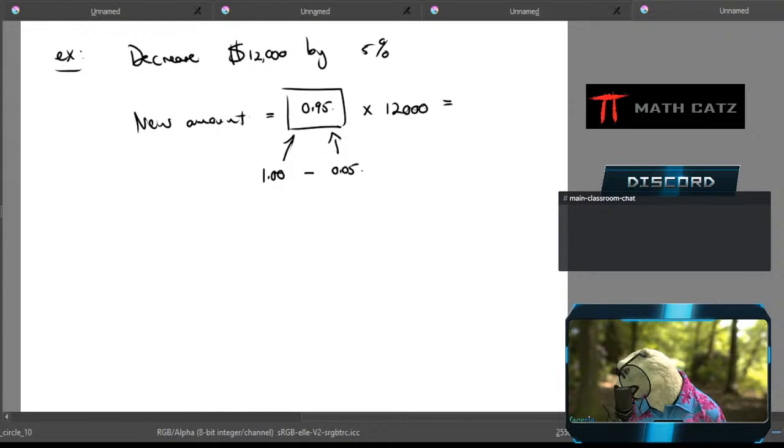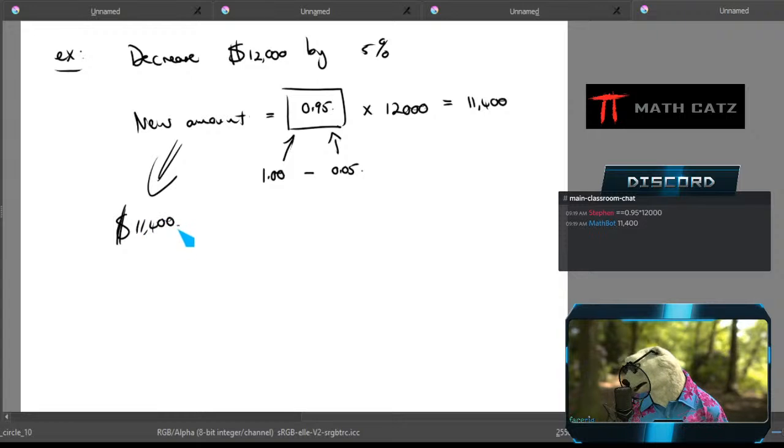I guess I should care, but it's an immediate consequence once my work is done. 0.95 times 12,000 is whatever it is. In this case, 11,400. So my new amount, 11,400. Now, when we do a full word problem, we'll have a concluding sentence and everything nicely. I'm just practicing right now.